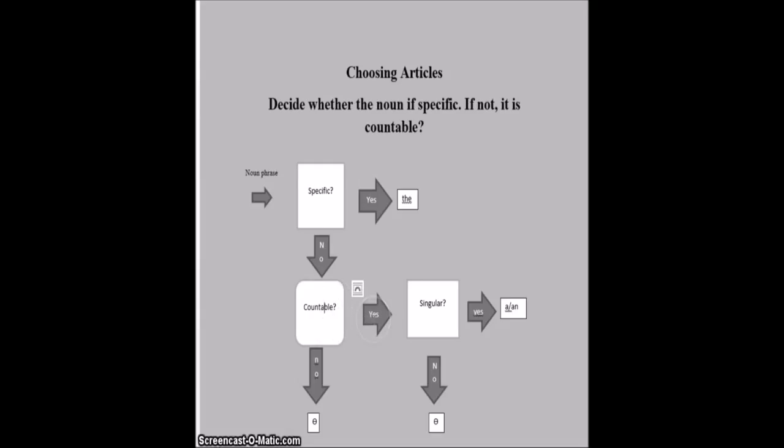So if the answer is no, it's not countable, then it doesn't take an article, nothing. If the answer is yes, then you have to determine whether it's singular or plural. That's fairly simple, but it's a third step. And if the answer is yes, then you use a or an. And if the answer is no, you use nothing.